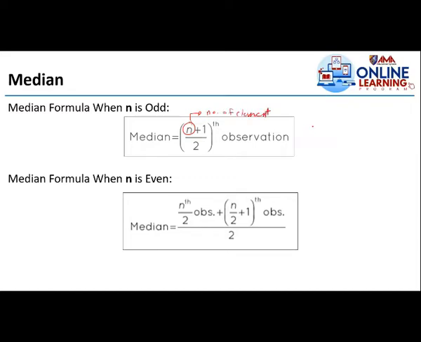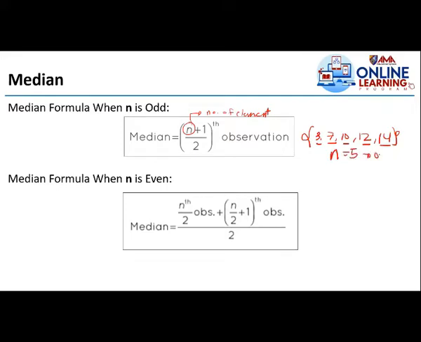So, for example, meron tayong data set. So, for example, 3, 7, 10, 12, and 14. So, if you count the number of elements on this data set, 1, 2, 3, 4, 5, okay? So, 5 ang population. Therefore, yung n natin is 5.